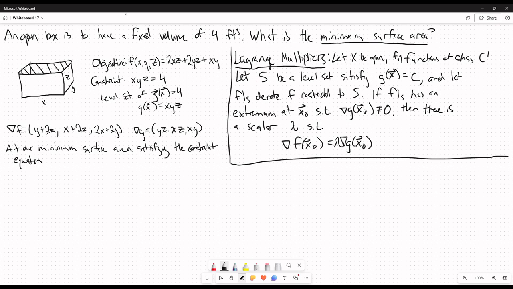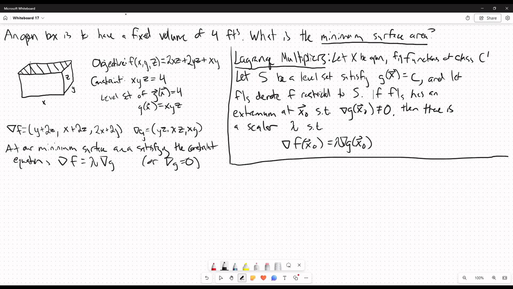We have an extremum of f restricted to S. We know that the gradient of f equals lambda times the gradient of g. Or maybe the gradient of g equals 0. We should check that, because this said if there's an extremum such that the gradient of g isn't 0. So we should check.